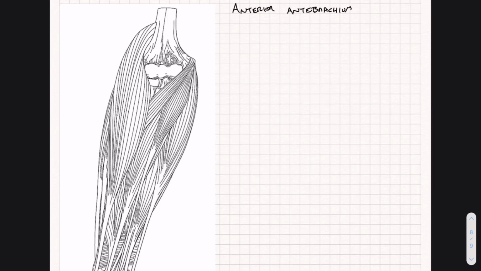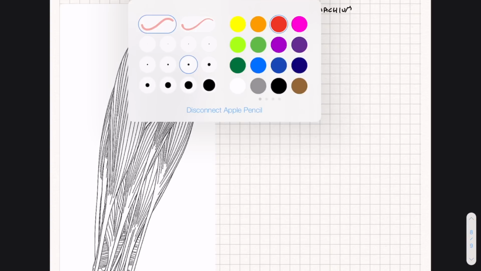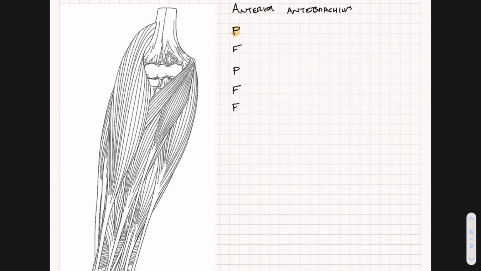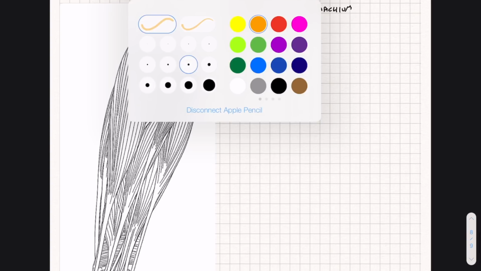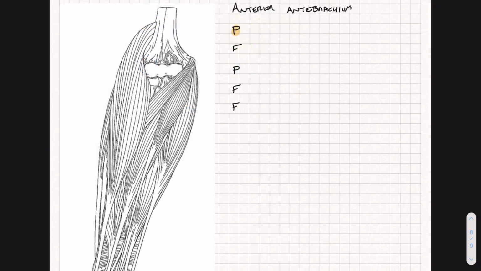So we're going to go through the muscles that we have here. Okay, I'm going to start with these 5 here first. So these 5 are called the superficial group, meaning if you dissect off the skin, they're going to be right kind of under that skin. And then there's other ones that are deeper to these actual muscle bellies. So there's kind of like 2 layers in the anterior antebrachium of muscles.